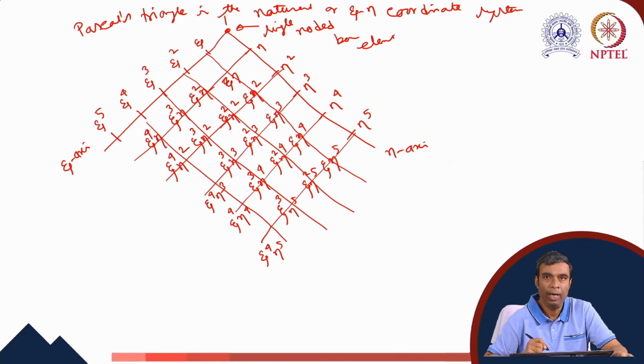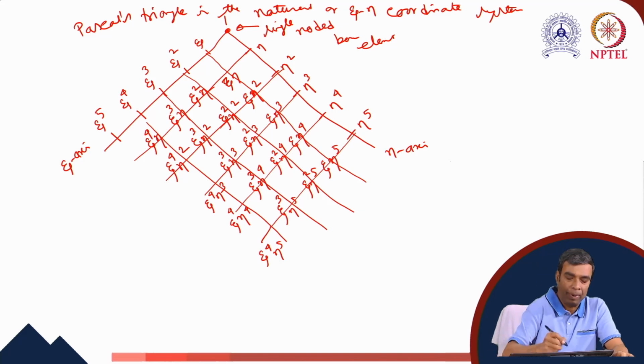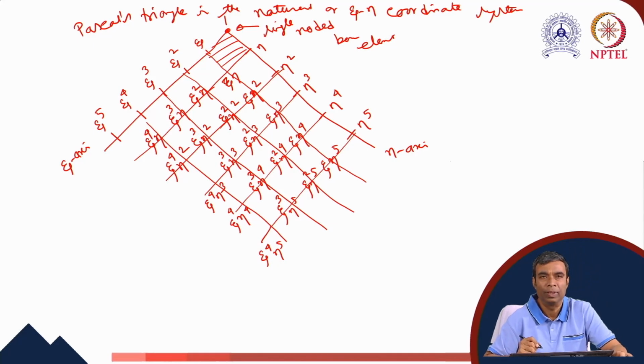So we have already constructed the bilinear shape function for this first case, where we have the format of psi equals a plus b xi plus c eta plus d xi eta. If we go to the next level, then we have the quadratic quadrilateral element.